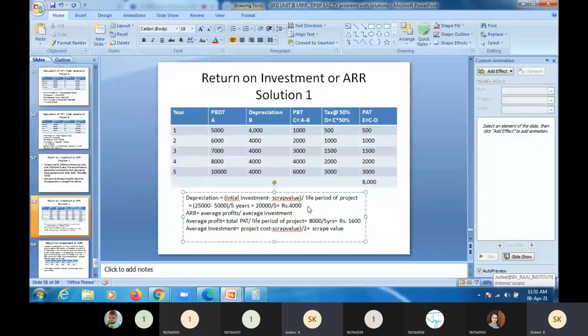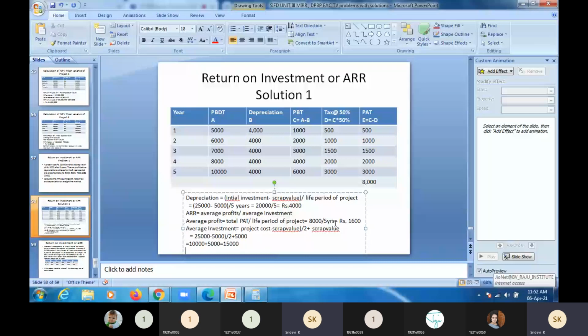Okay. So that means how much we are going to get? Initial investment is how much? 25,000, no? 25,000 minus 5,000 divided by 2 plus 5,000. 20,000 by 2, how much you will get? 20,000 by 2 means 10,000 plus 5,000. That is equal to 15,000.